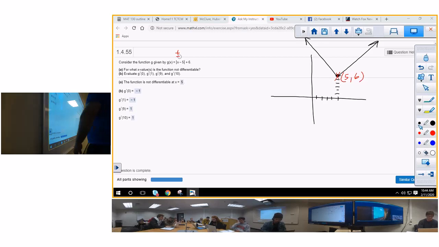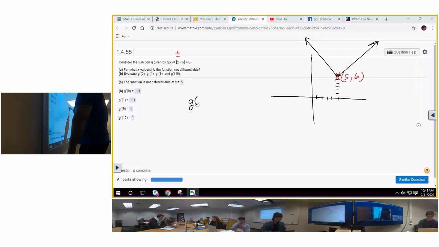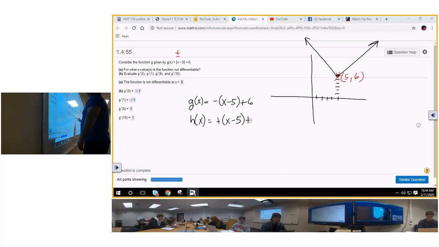So you basically have two functions. You've got g of x is equal to negative x minus 5 plus 6. And I'm going to call the other one h of x is equal to positive x minus 5 plus 6.